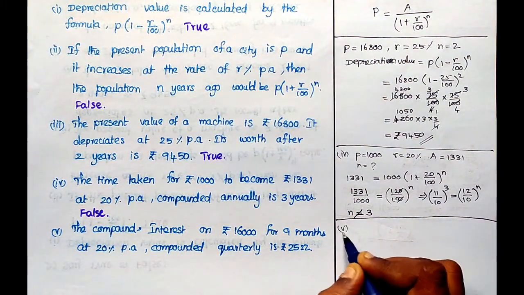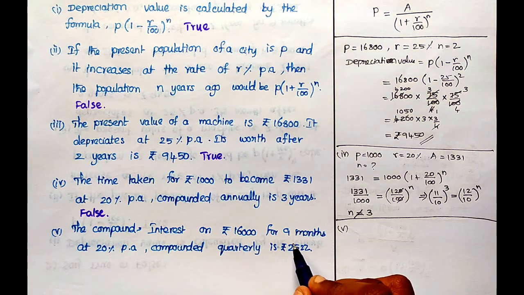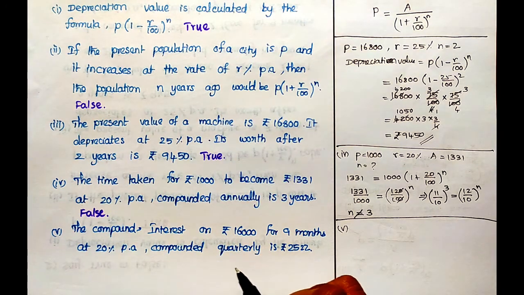Fifth one. The compound interest on 16,000 for 9 months at the rate of 20% per annum compounded quarterly is rupees 2522.